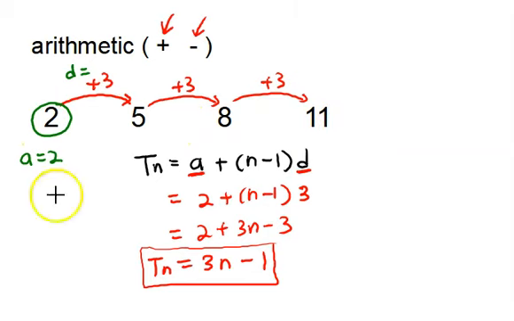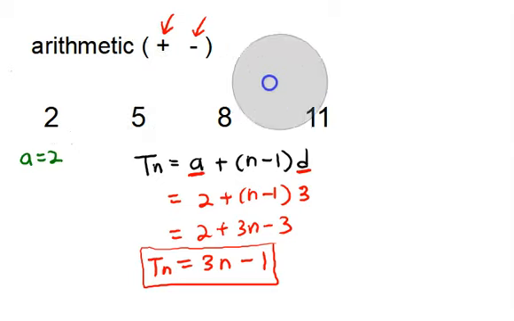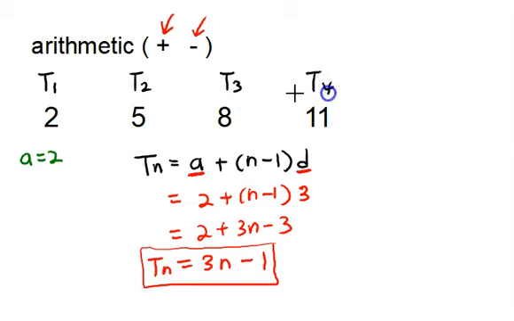Now let me erase this. Using this equation, we have term 1, term 2, term number 3, and this is term number 4. Let's say you want to check whether this equation is correct or not.